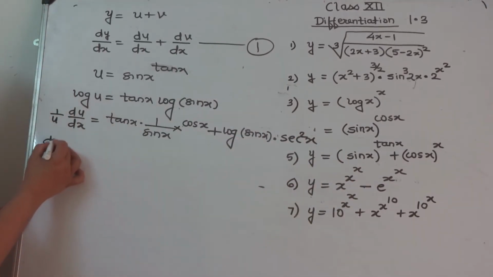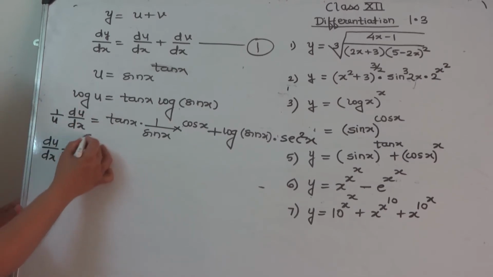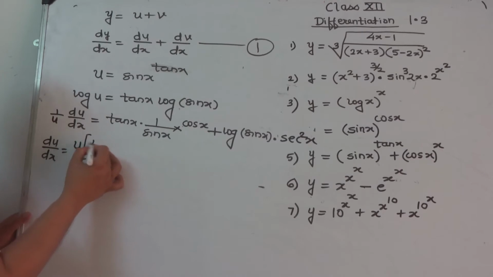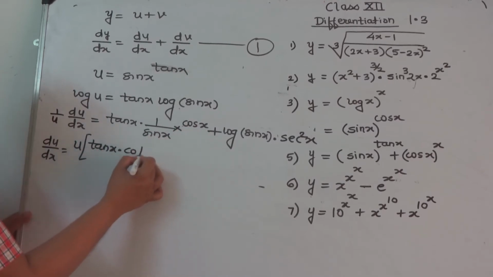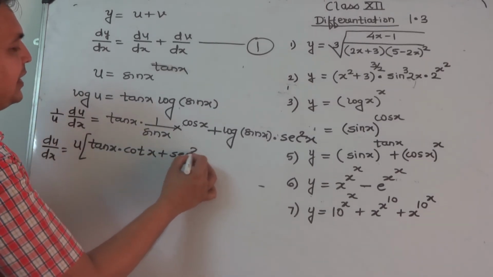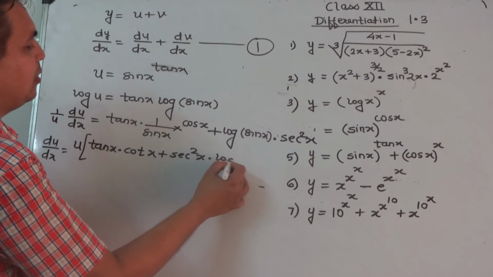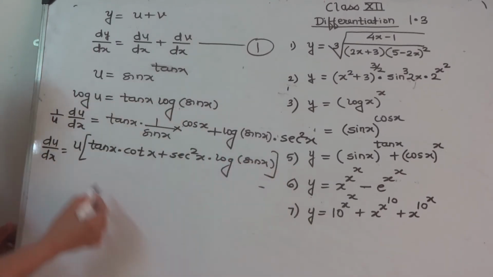And so we can write du by dx equal to, we cross multiply by u, in bracket we get tan x into cos upon sin is cot x, plus we write sec square x first into log of sin x. Can we simplify it further?